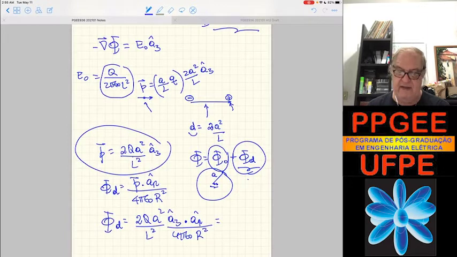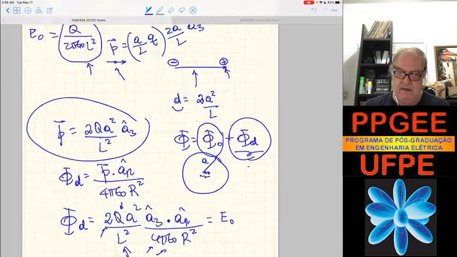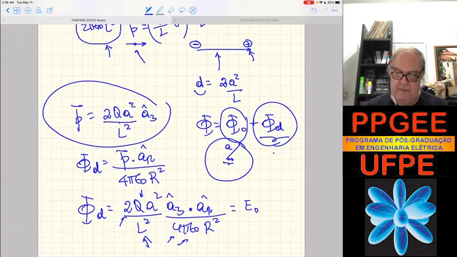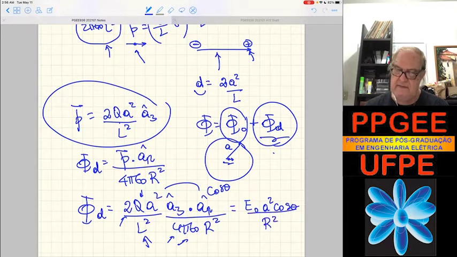By looking at this, we can replace Q divided by 2 pi epsilon 0 L squared by E0. The 2 here cancels this 4. We're going to have E0 times a squared, this dot product is cosine theta, divided by r squared. So that's the additional potential.